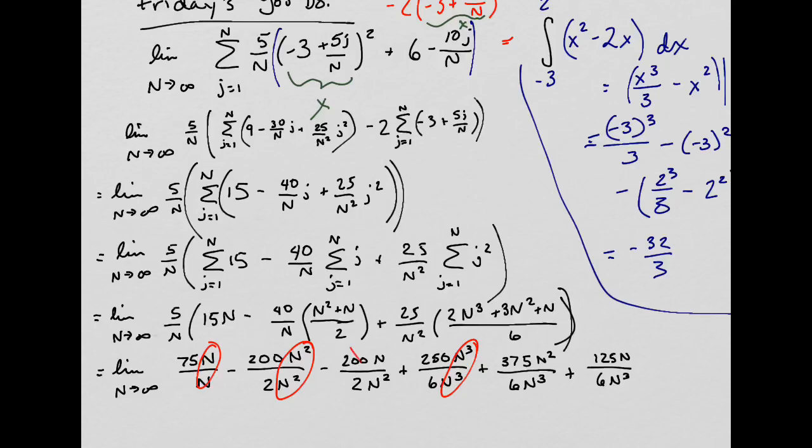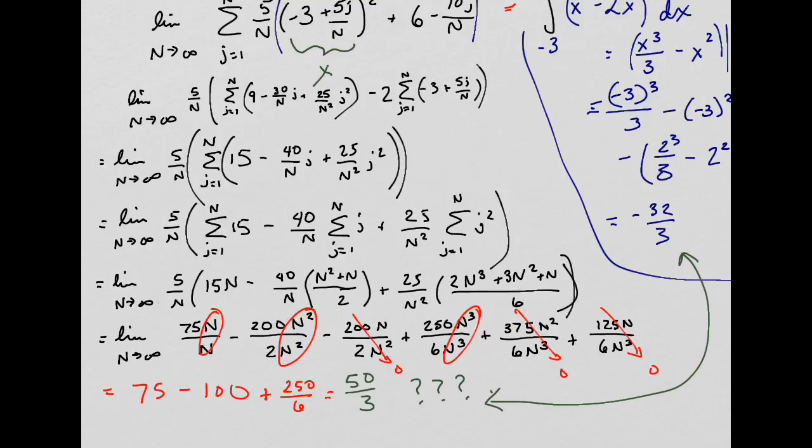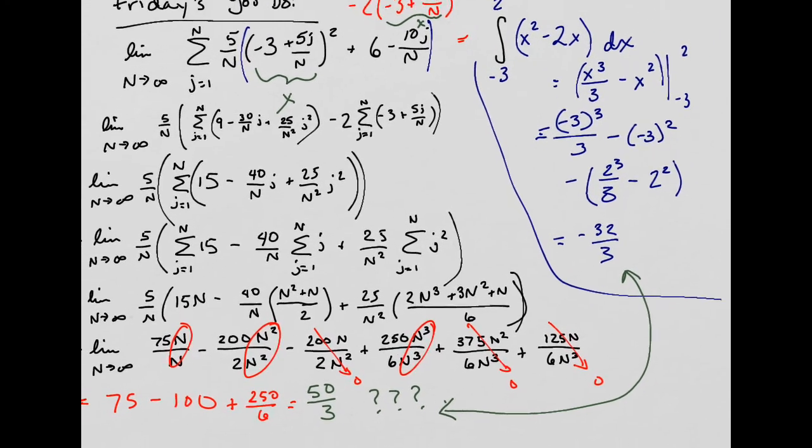And so as n goes to infinity, these pieces go to 0, which means your answer is going to be, let's see here, 75 minus 100 plus 250 over 6, which is equal to 50 over 3, which does not match, so something went wrong somewhere. I made a mistake. Let me see if I can figure out where it's at.